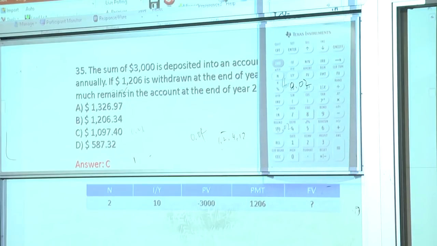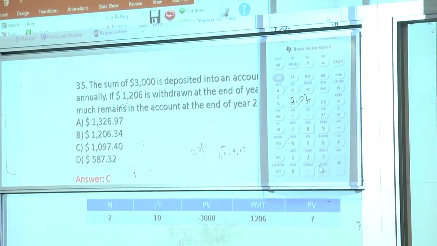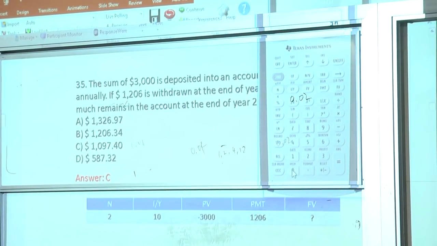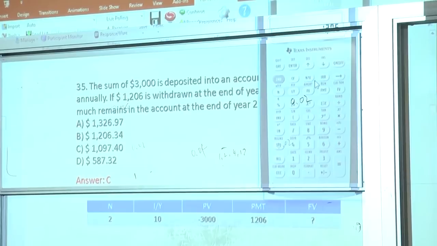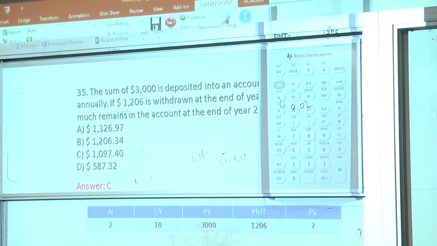PV is our initial investment, $3,000 negative. And there are 2 payments, one for each period. How many periods? 2 periods. And calculate future value. Okay, 1097.